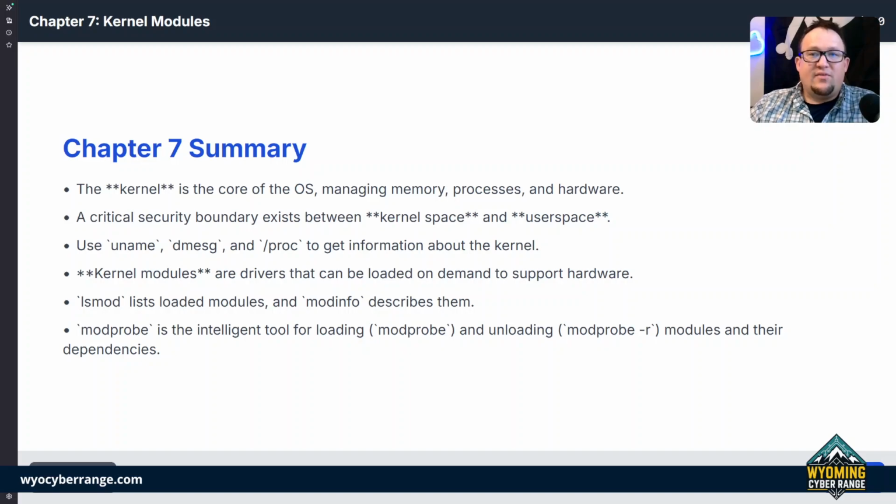Now we need to protect that kernel space, so we have it segregated into kernel space and user space. And remember the different directories that we may have, such as sys or proc. We can use different tools, like uname or dmesg, as we go through to get the proc information. And the proc directory, remember, is that virtual read-only directory, but we can definitely get information from there.